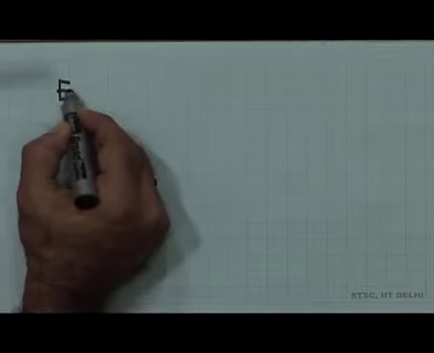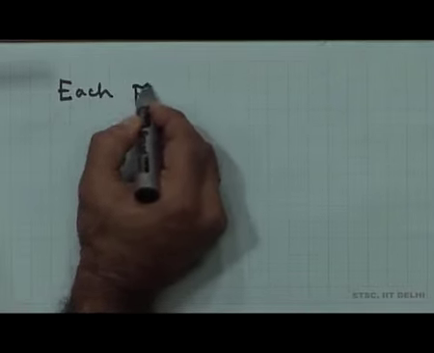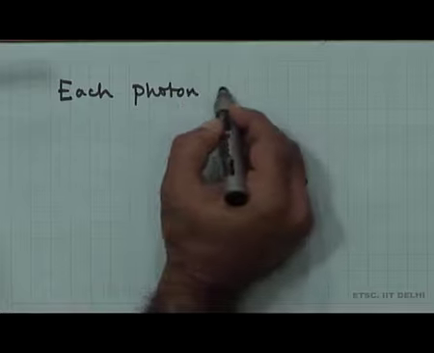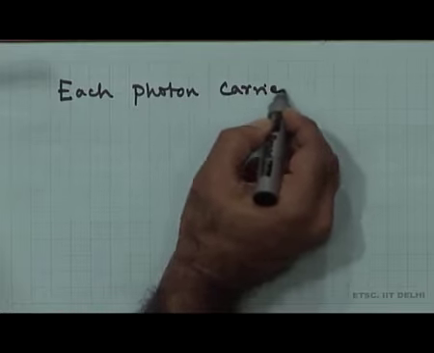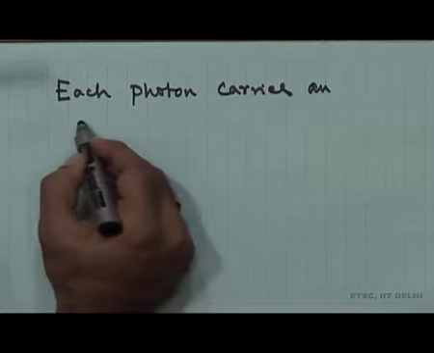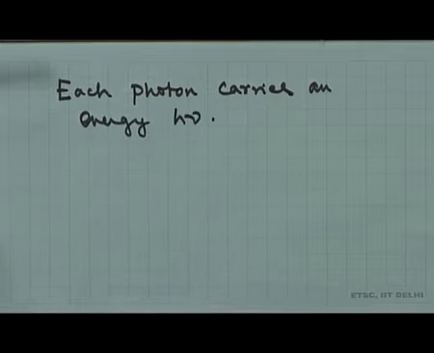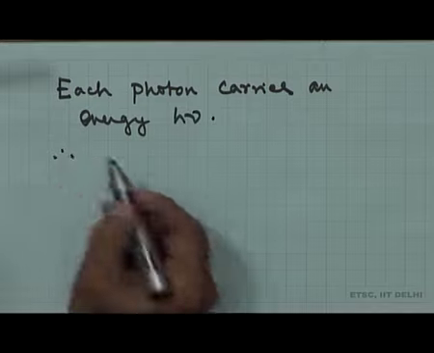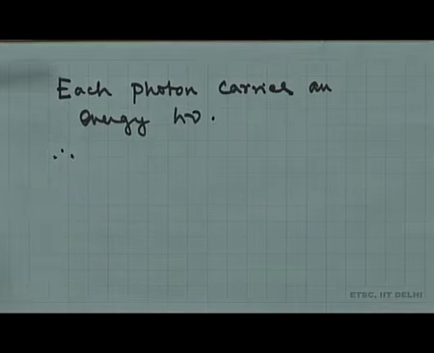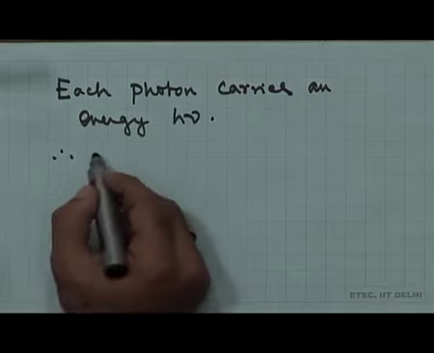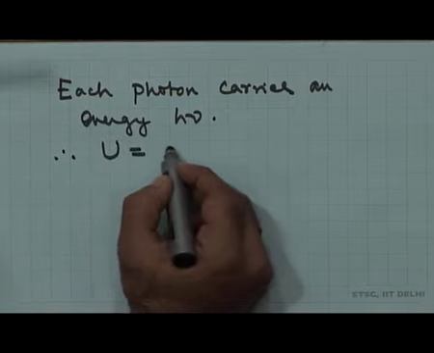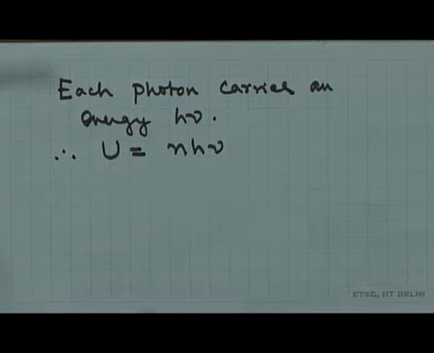So, let us write that down. Each photon carries an energy h nu. Therefore, n photons per unit volume carry an energy n h nu. Therefore, U is equal to n h nu. That is what we have.